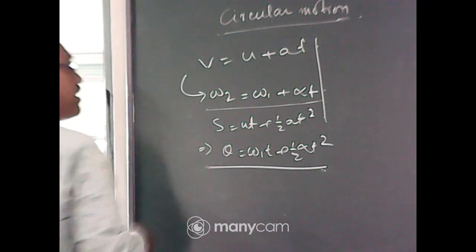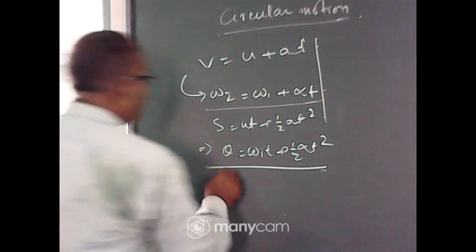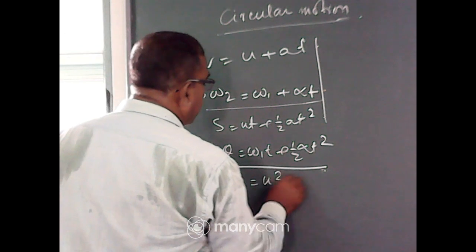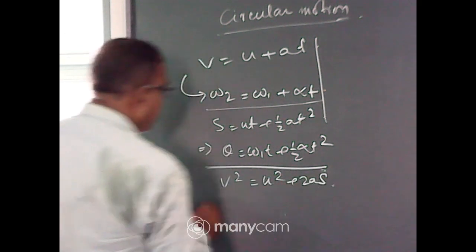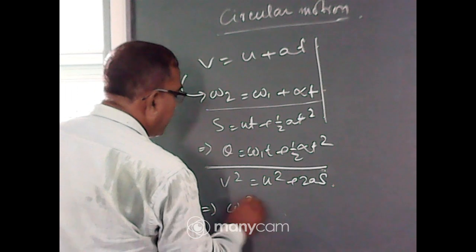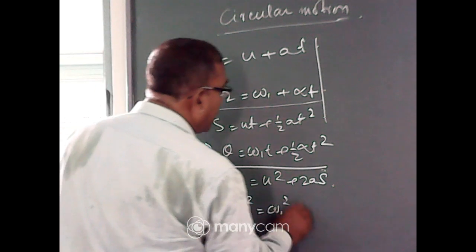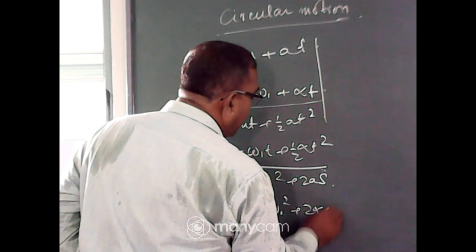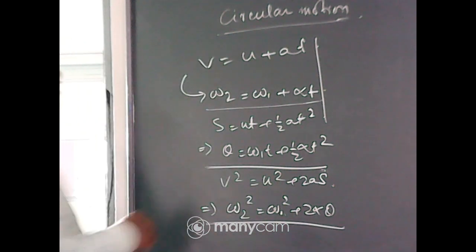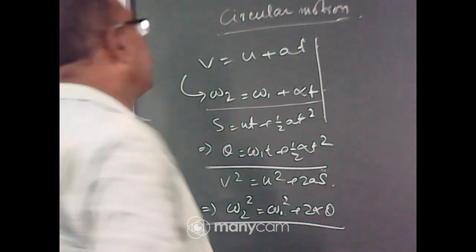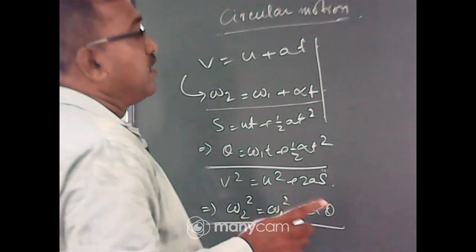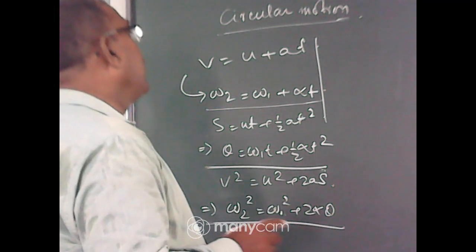Similarly, v square equals u square plus 2as becomes omega 2 square equals omega 1 square plus 2 alpha into theta. So my dear student, you check it. Those are the relations between the linear and the angular.